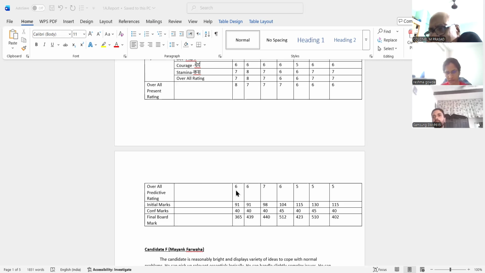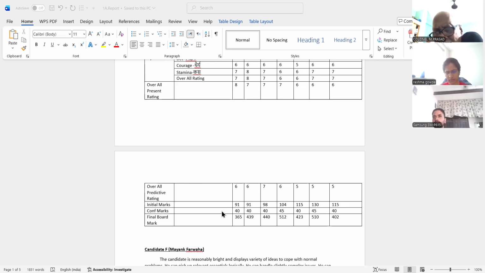After that comes the predictive. Then each assessor will give an initial mark, 91, 91, 98. Pass mark is 90, so it means all candidates referred to here have been passed by the assessors.